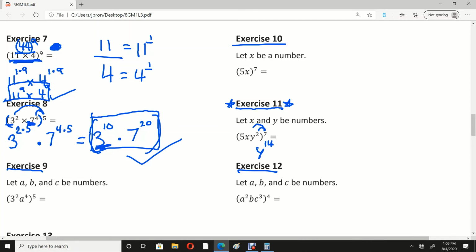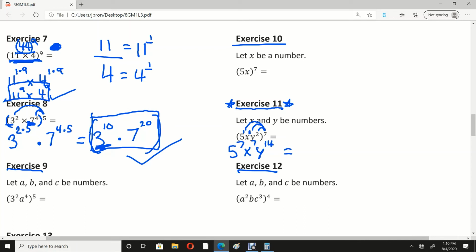We're going to distribute it into the x. Again, this x has an implied exponent of 1, so it's 7 times 1, which is 7. So we have x to the 7th power, and then we'll distribute the 7 into this 5, which also has an implied exponent of 1, which will give us 5 to the 7th power.